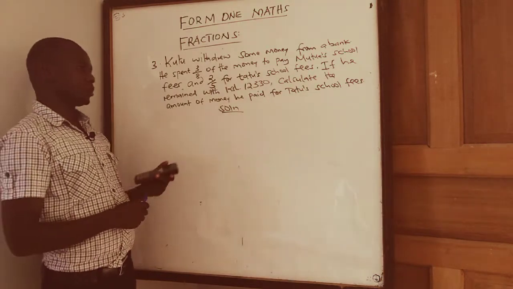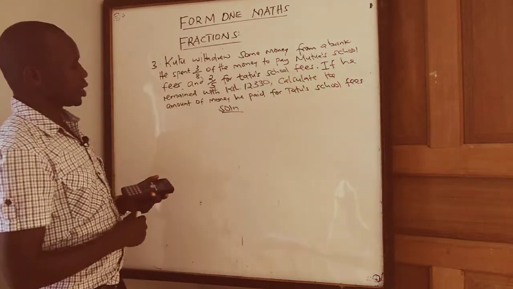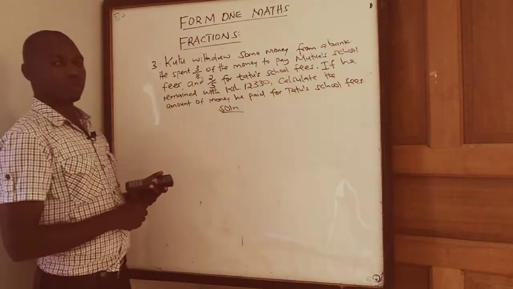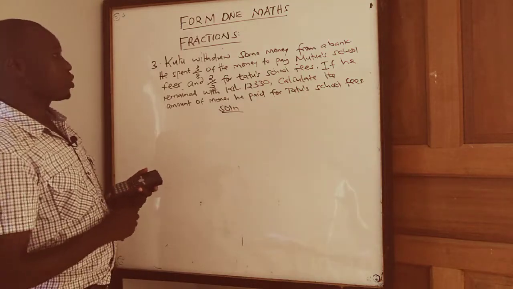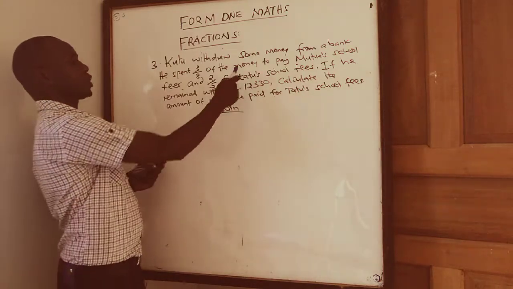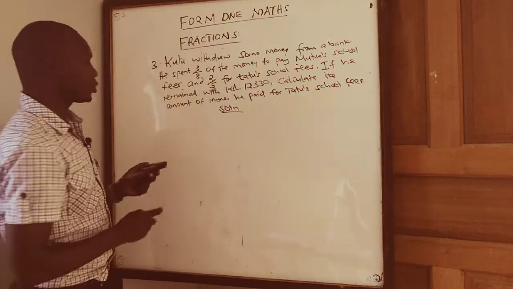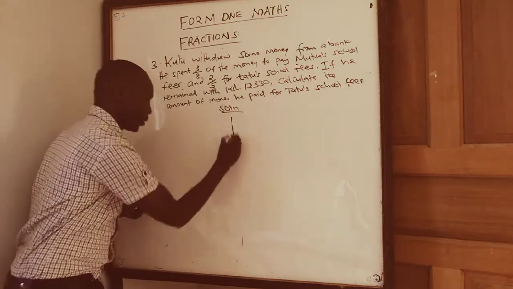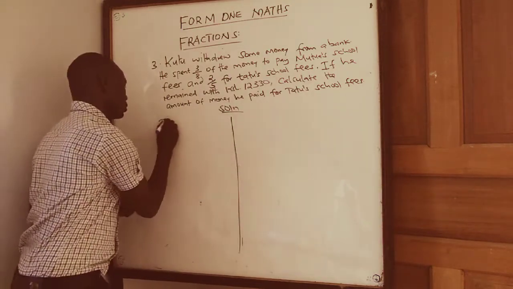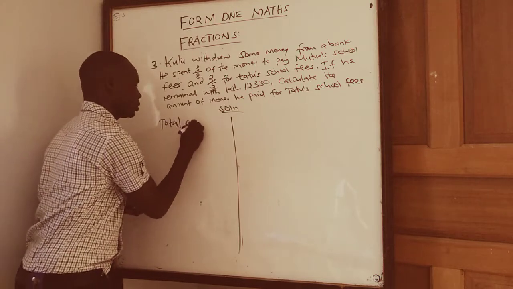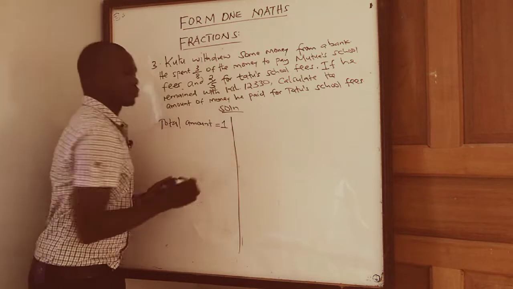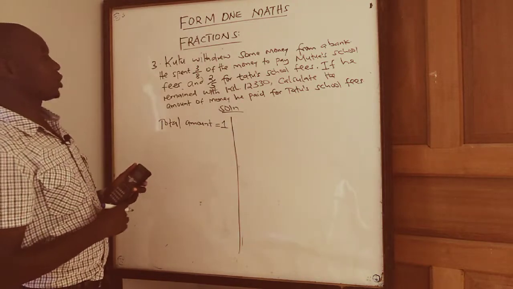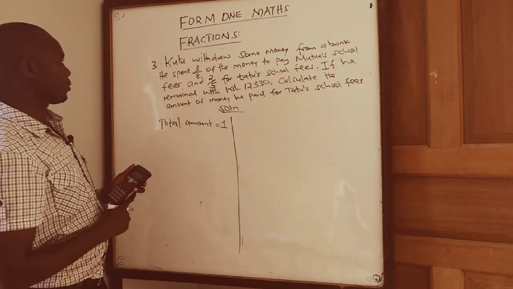Before we calculate what he paid for Tatu's school fees, we need to know the total amount of money that Kutu withdrew. Since we do not know the total amount of money withdrawn, the assumption always must be the total amount withdrawn must always be equal to 1.